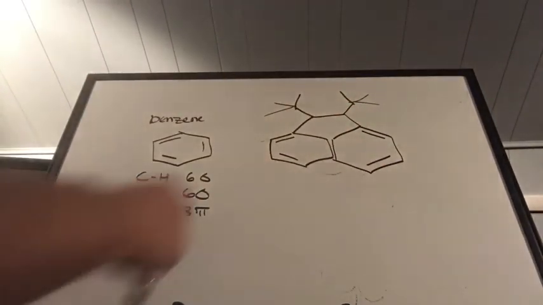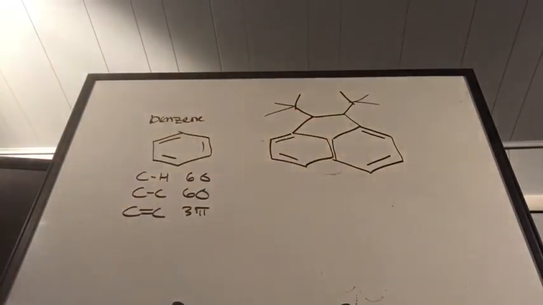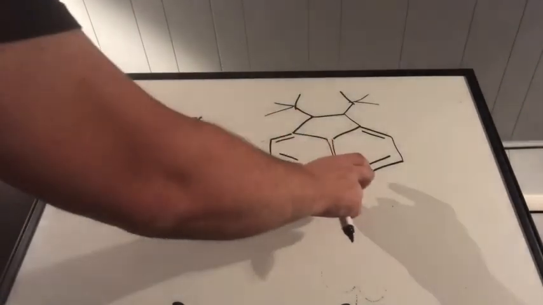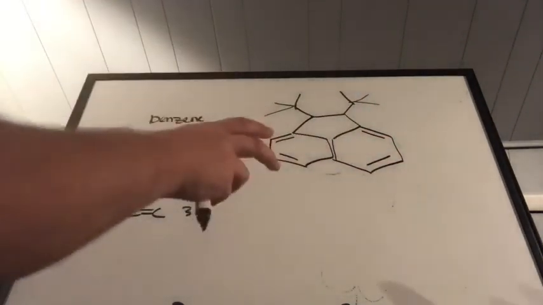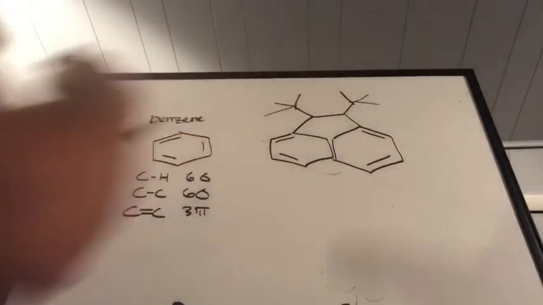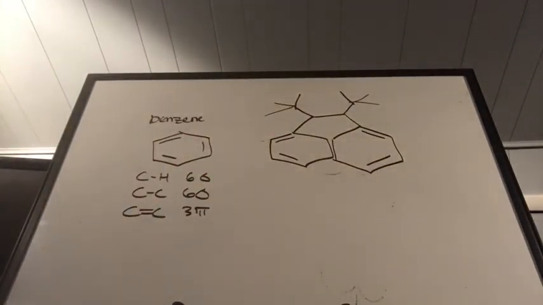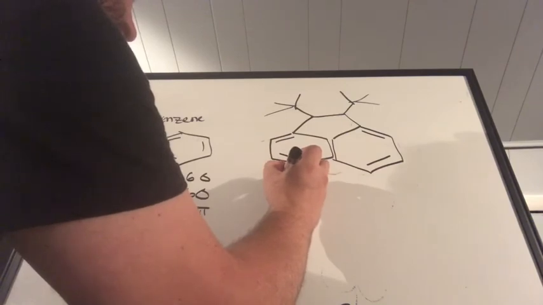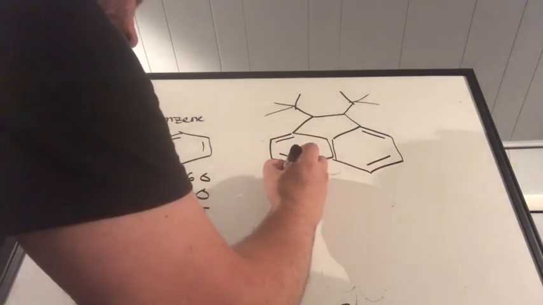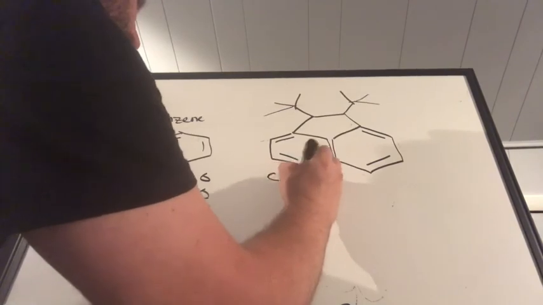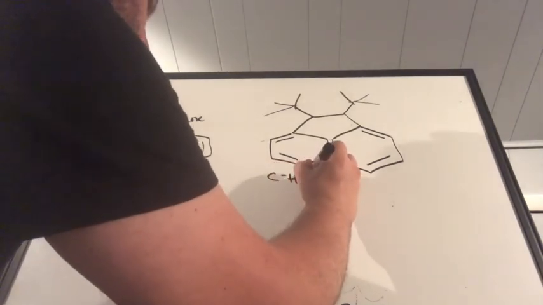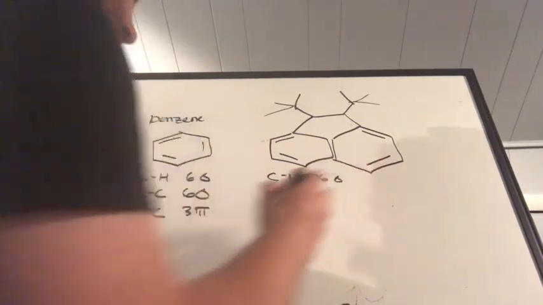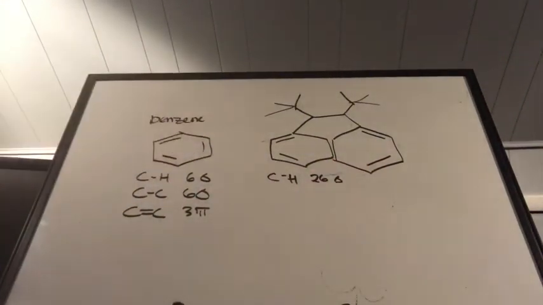Not going to have anything at this junction, not at this junction, and not at this junction. But that's okay because you have 2, 4, 6 more. Okay, so you have 6 plus 2, that's going to be 8, plus another 18. So 18 plus 8 is going to be 26 sigma bonds from CH.